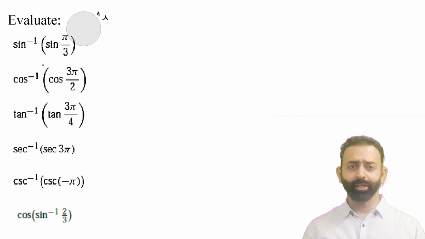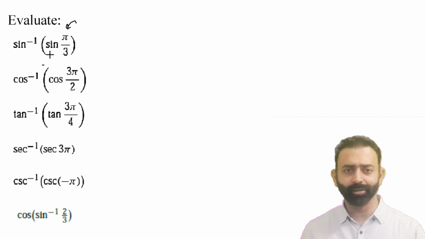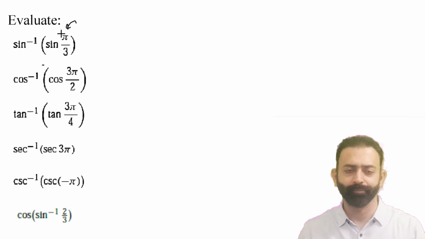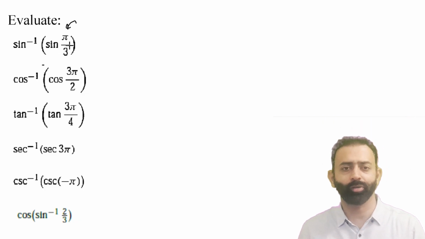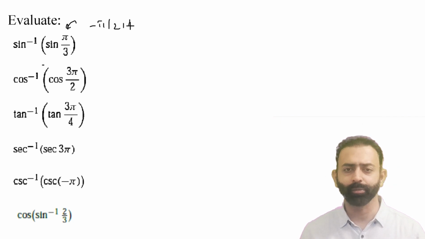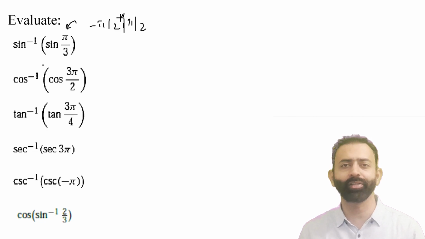The first thing we need to notice is that whatever angle you give to the inside function sine should lie within the restricted domain. In case of sine, it was from minus pi by 2 to plus pi by 2, and this pi by 3 lies between these two values.